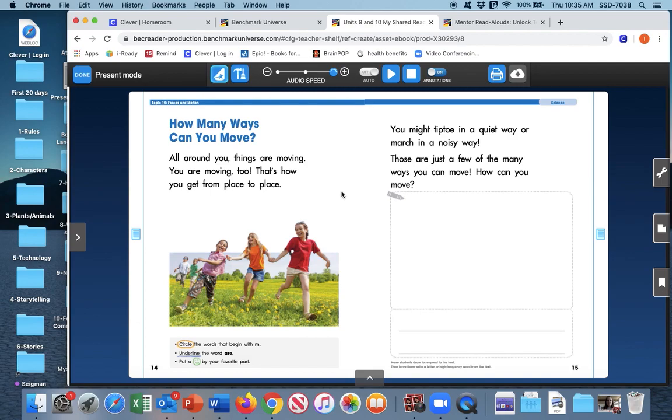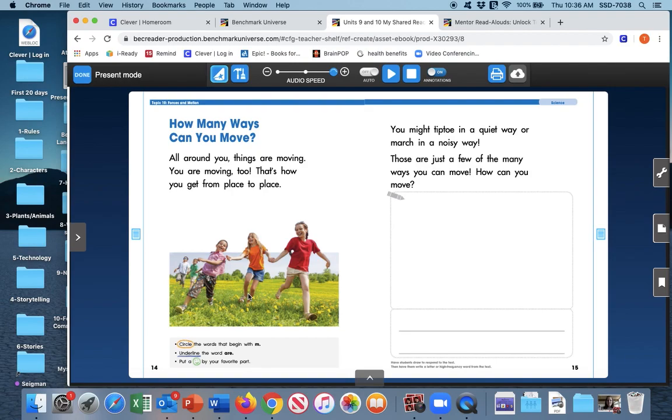But first, we're going to just talk about this story. So this is titled, How Many Ways Can You Move? This text clearly has real photos, so we know that this is an informational text and that it is a nonfiction. It is real. So look at the picture of the three children, the three girls that are on the grass. What are they doing?